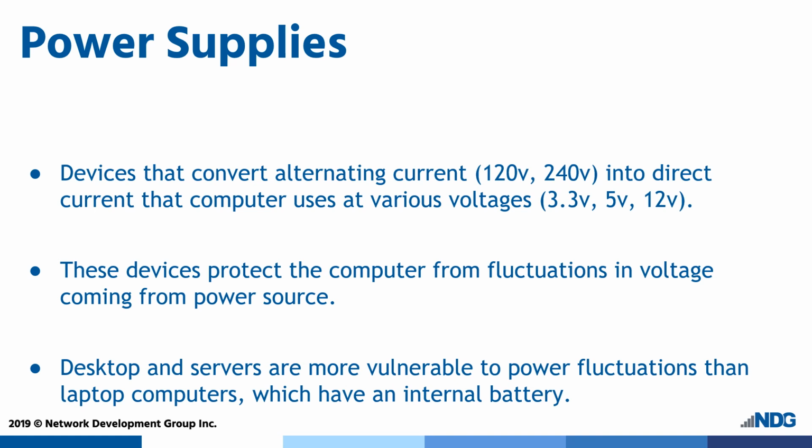Desktop, server tower, rack, and standalone systems are more vulnerable to power fluctuations than laptop systems are. If the power fluctuates, it can cause much havoc or danger on the non-battery based systems, whereas a laptop simply keeps pulling power from its internal battery until depleted.